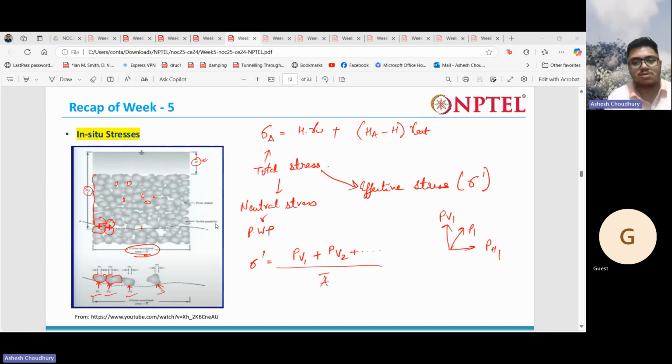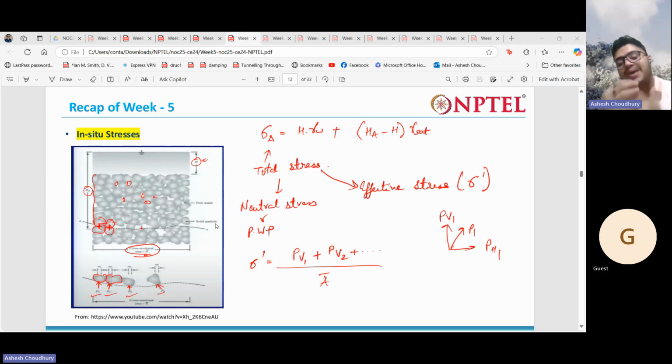Now, what is in situ stress? Here we defined what effective stress is, what total stress is, and what pore water pressure or neutral stress is. Total stress is nothing but the total load coming into the soil. Effective stress is the actual stress that is transferred between the soil particles.